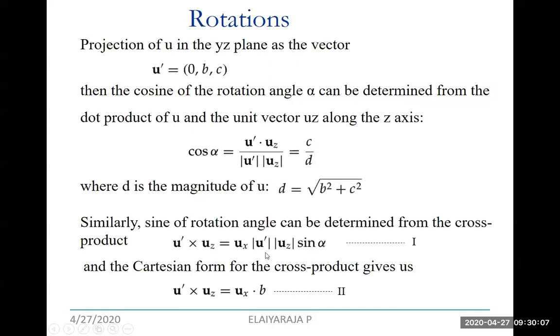Where the cross product, suppose you take a1 b1 c1 and a2 b2 c2 with respect to that angle, you will write a2 b3 minus a3 b2 plus, like that you do the cross product, right? So when you rewrite the Cartesian form of the cross product, it gives u dash into uz equal to a unit vector with respect to x axis into b.